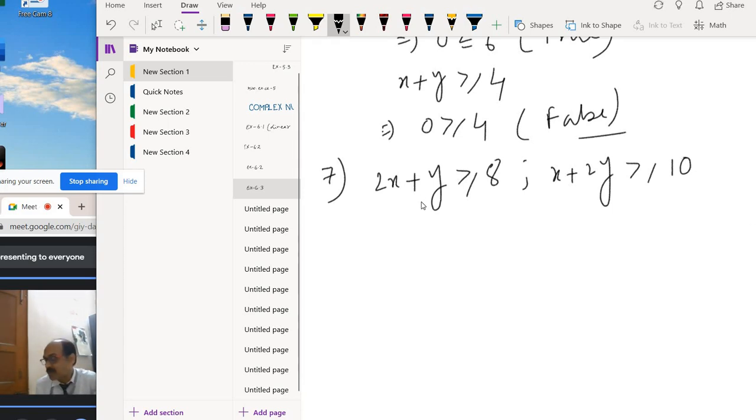So 2x plus y greater than or equal to 8 and x plus 2y greater than or equal to 10.